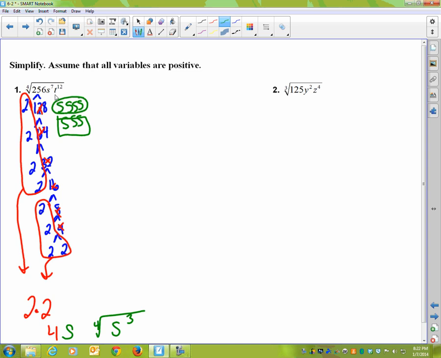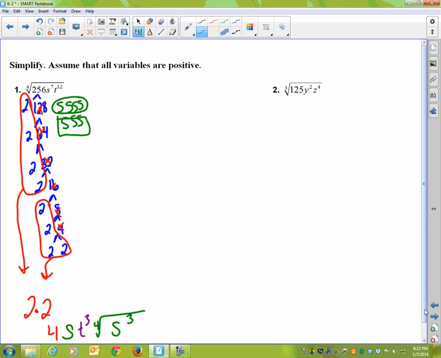T to the 12th. If you don't want to write them out like we did the S's, you can think to yourself, how many groups of 4 are there in 12? There are going to be 3. 3 times 4 gives you 12.